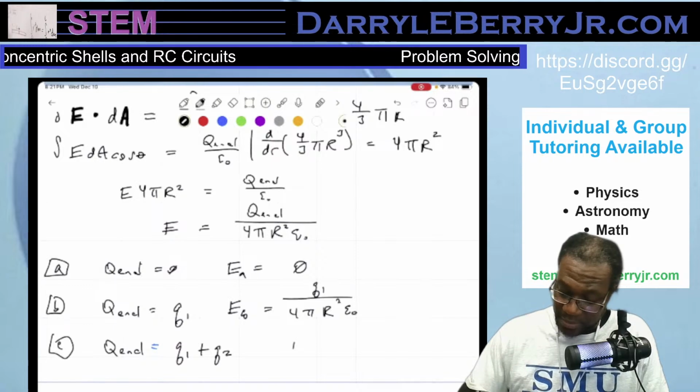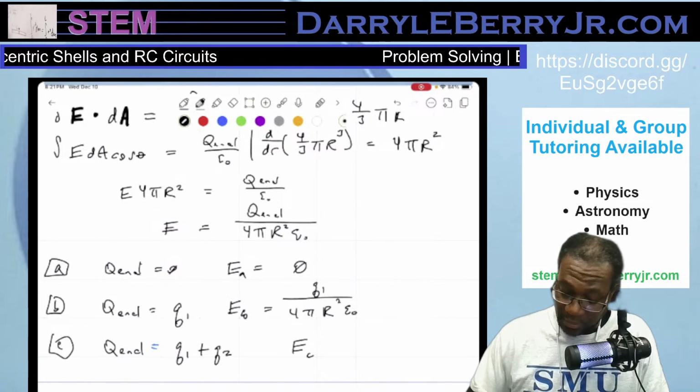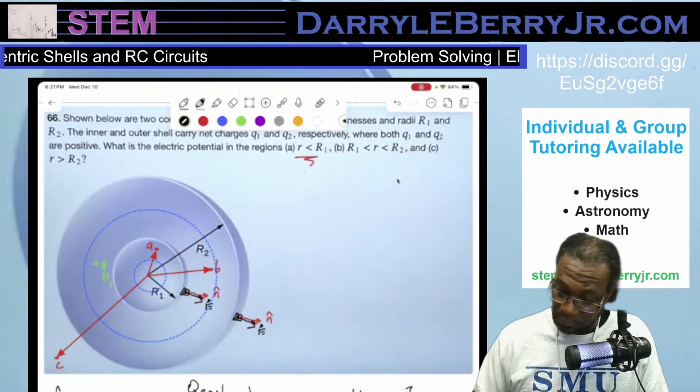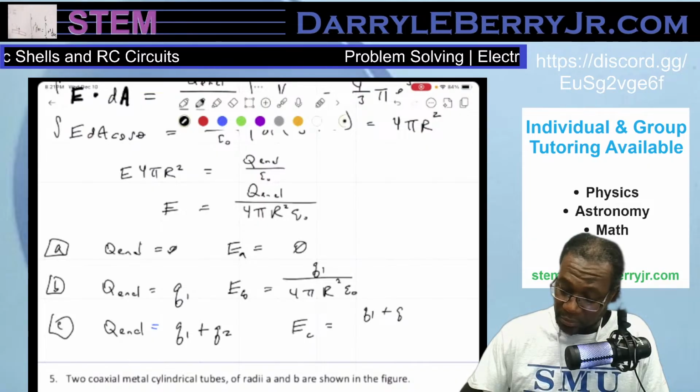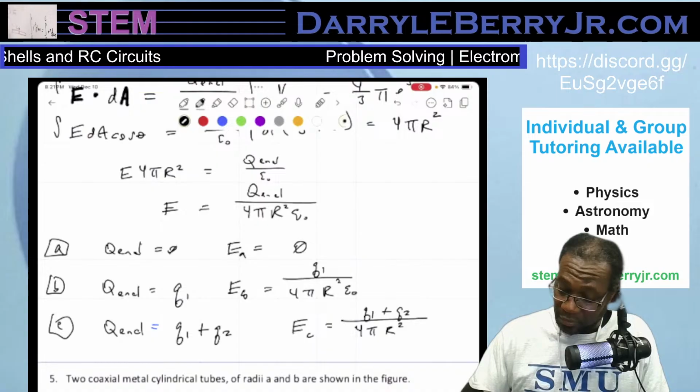So that means that EC is going to be Q1 plus Q2 over 4 pi r squared epsilon naught.